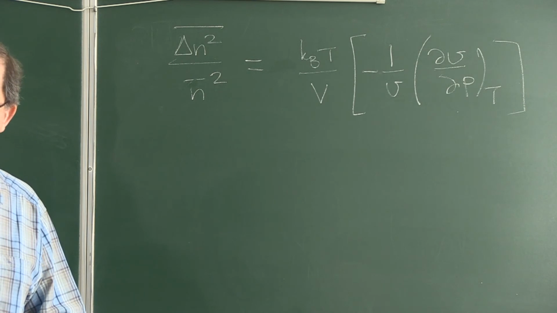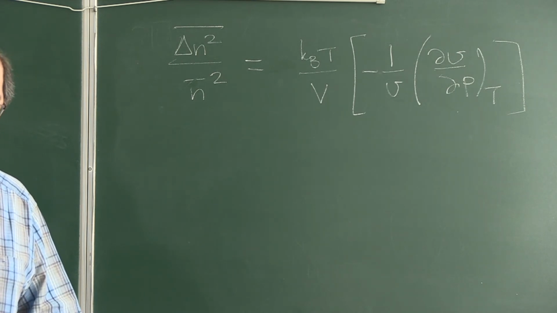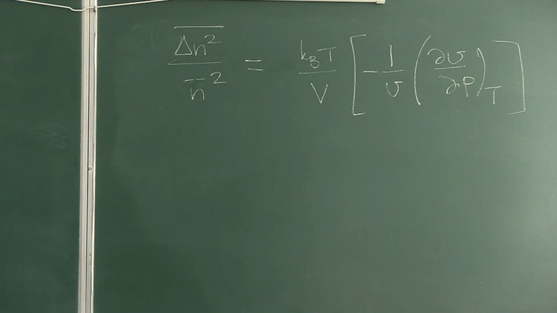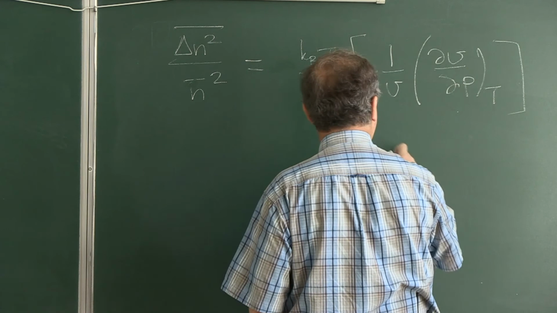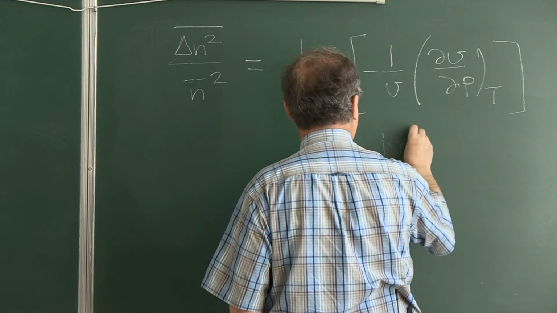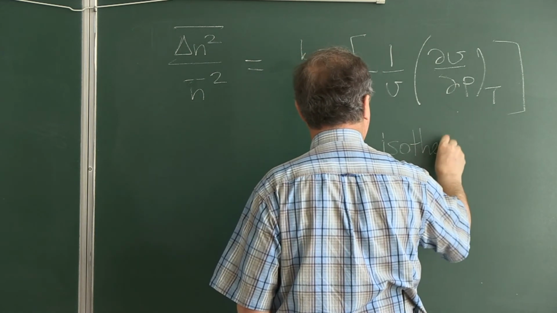Apply the pressure and see how much the volume is changing. Do you know what that is? It is the compressibility of the system. Compressibility: how easy or difficult it is to change the volume when you apply pressure. Since it is at constant temperature, it is isothermal compressibility.